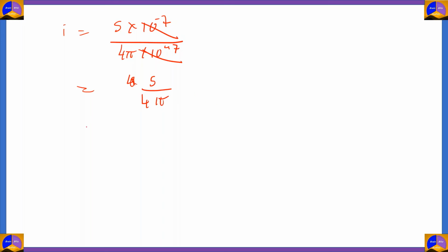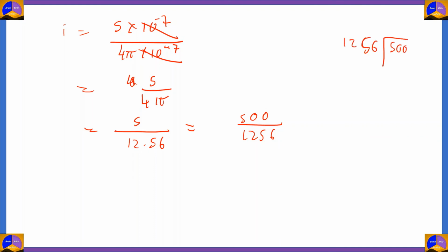We know the value of 4 pi, right? So 5 divided by 12.56. Again, we can convert it as 500 divided by 1256. So let's divide it. So 500 divided by 1256. Again, we can't do this, so it's 0 point. So we have 5,000 now.